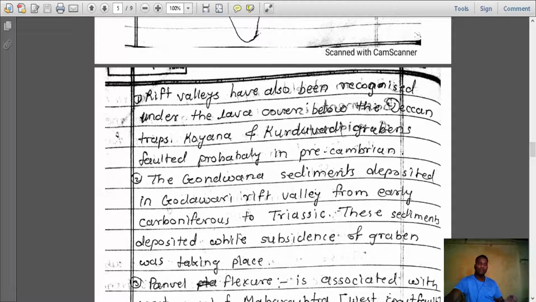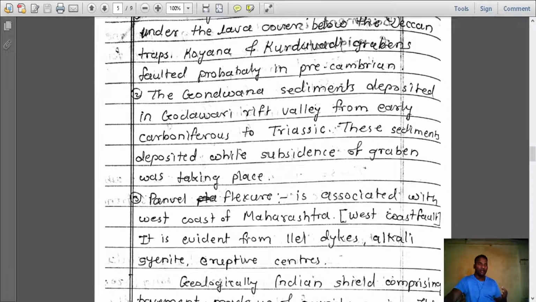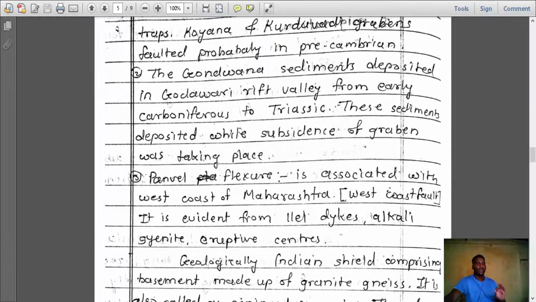This sediment was deposited while subsidence of the graben was taking place. The Panvel feature is associated with the west coast of Maharashtra, the west coast fault. It is evident from parallel dikes, alkali syenites and eruptive centers.